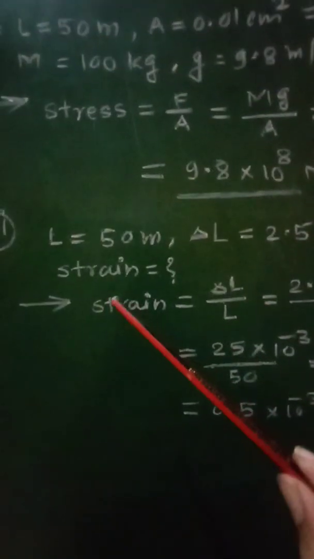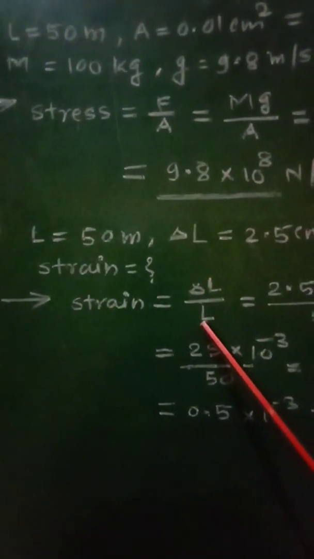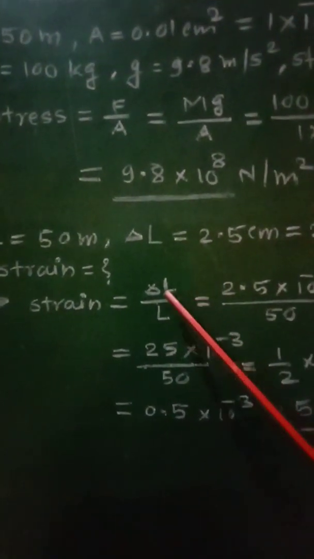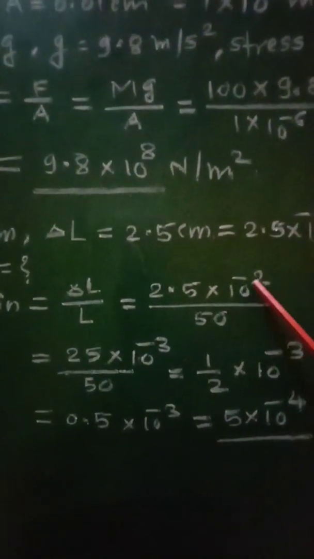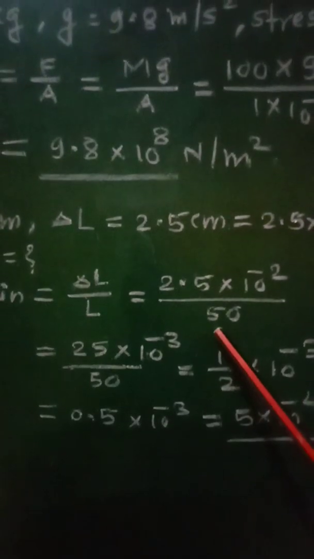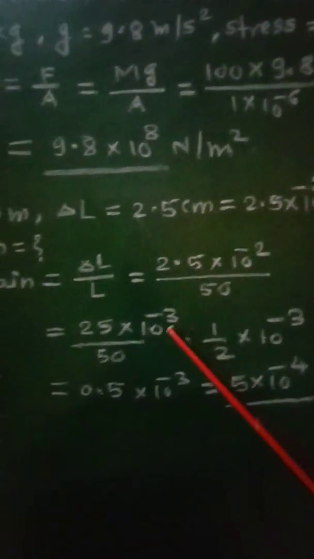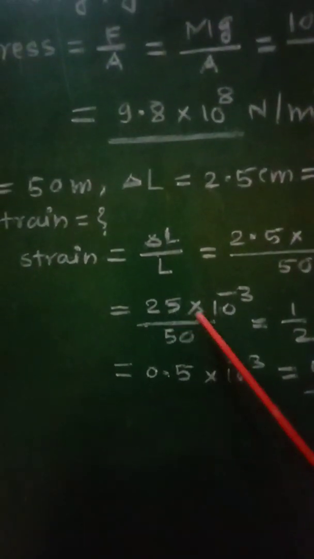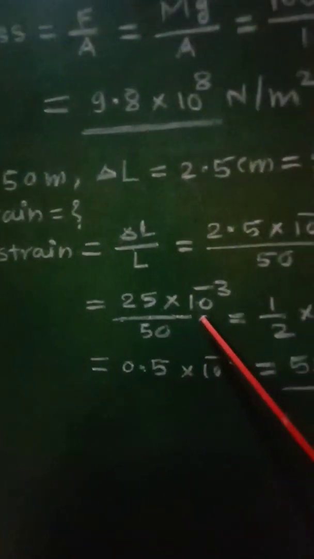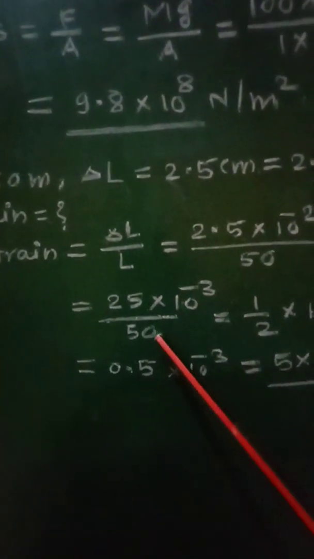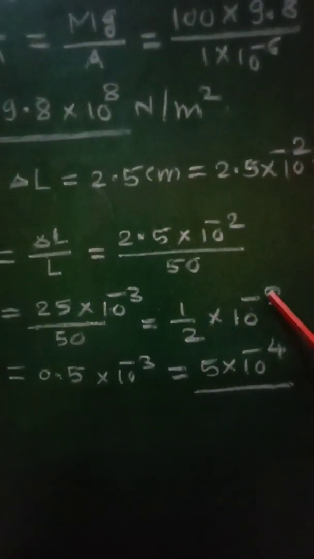And we have to find out the strain produced, that is strain is equal to change in length per unit original length. Putting the values of delta L and L, we will get 2.5 into 10 raised to minus 2 divided by 50, which will be written as 25 into 10 raised to minus 3 upon 50, which comes out to be 1 by 2 into 10 raised to minus 3.